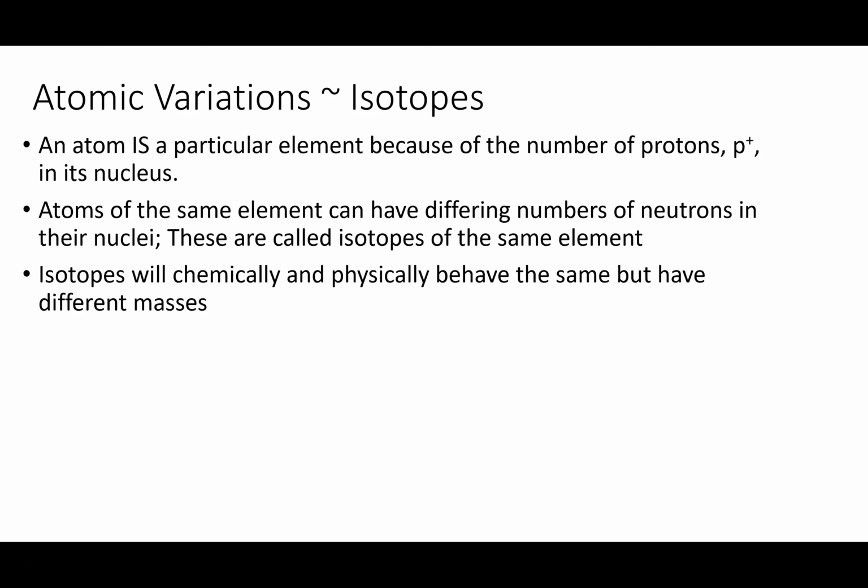We have 6 protons plus 6 neutrons, 12, and that's where that 12 came from. So over here I have 6 protons, which makes it carbon. I'm going to add 8 neutrons, 4, 5, 6, 7, 8. So now the mass number is 6 protons plus 8 neutrons, which gives me a mass number of 14.